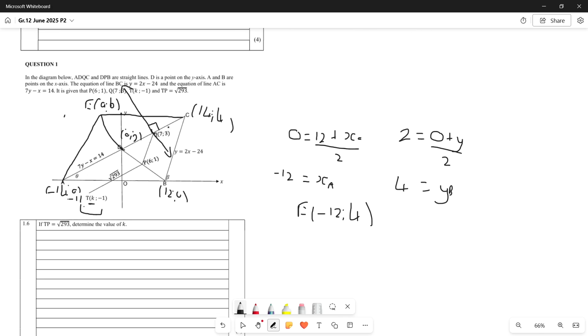Okay, when something is perpendicular, the first thing to remember is that m1 times m2 equals -1. By that, I mean the gradient of AC times the gradient of this new line will equal -1. So we already had the gradient of line AC. That was y equals 1 over 7x plus 2.